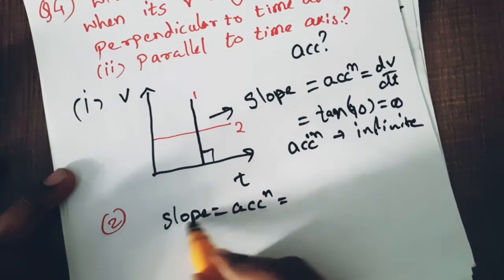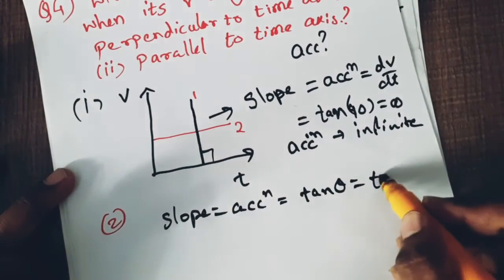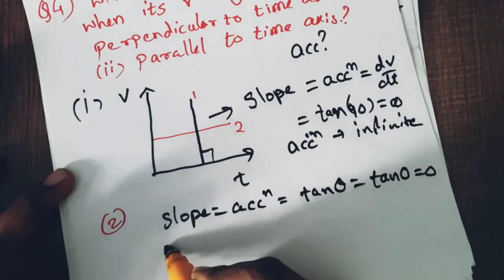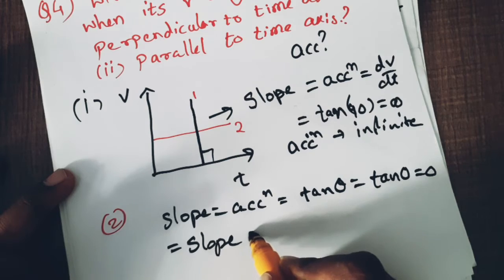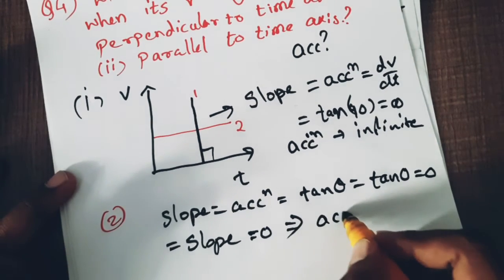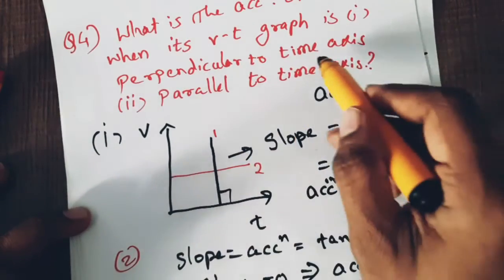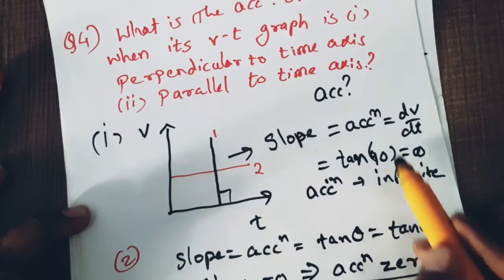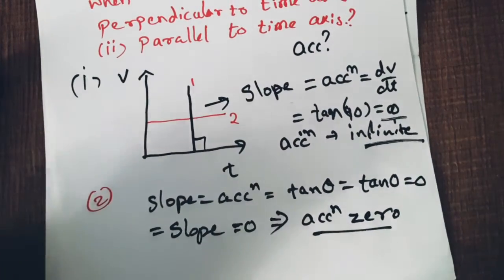The formula for slope is tan of theta, and if theta is 0, tan of 0 is 0. This means slope is 0, which also implies that acceleration is 0. So in our first case the acceleration is infinite, and in the second case the acceleration is 0.